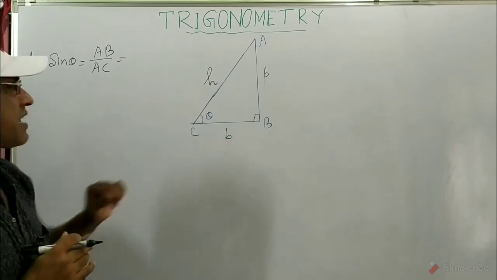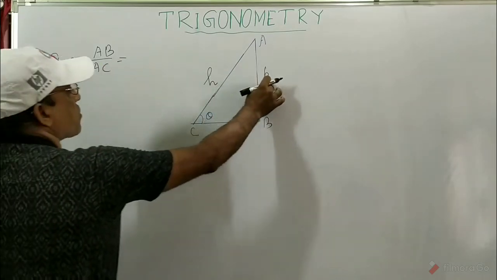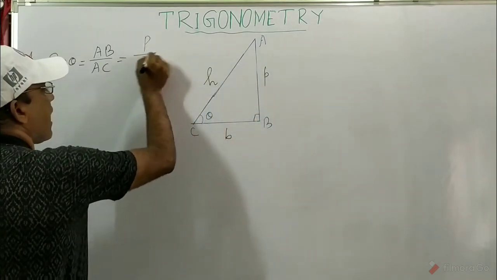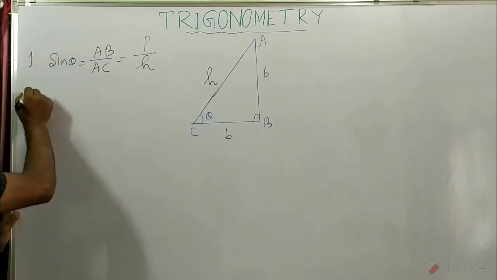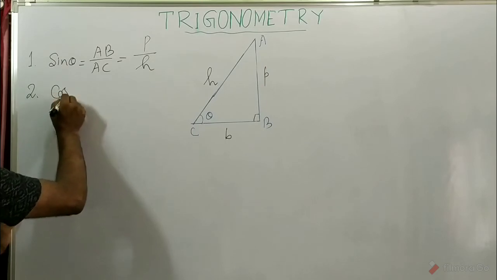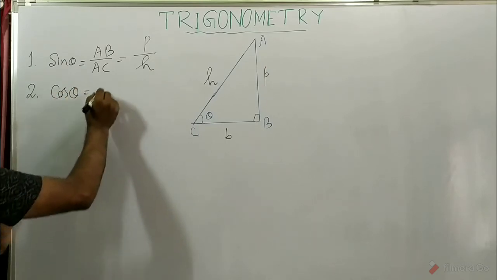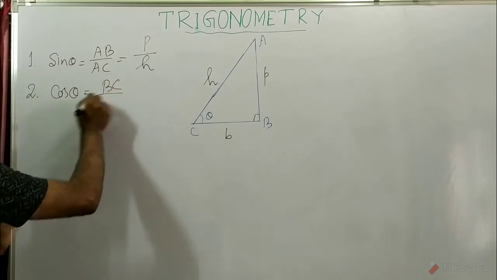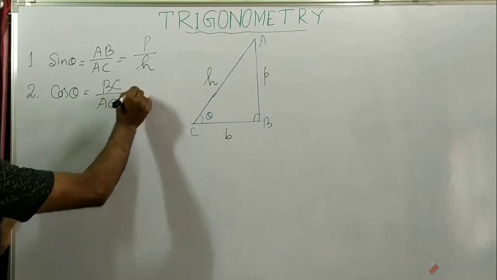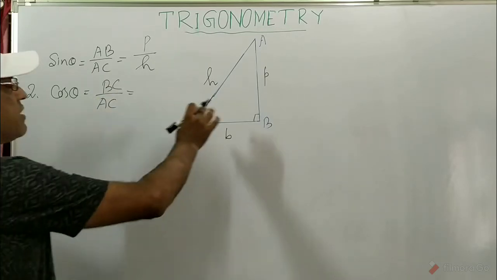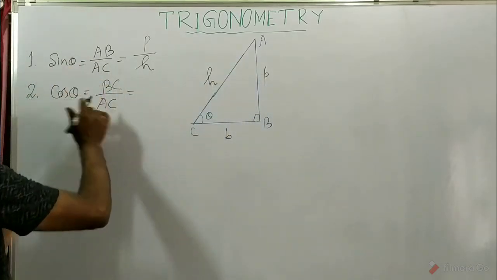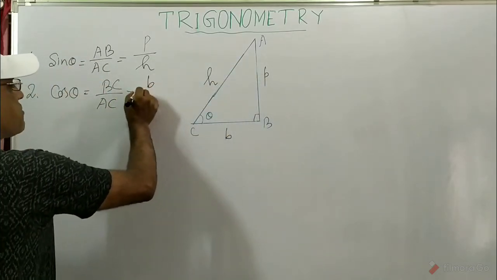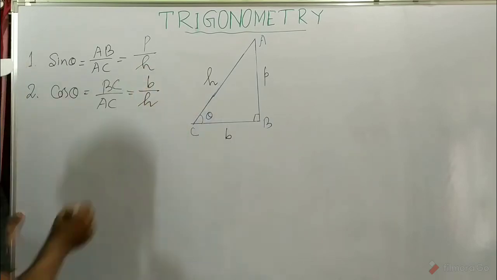This angle is theta, and AB we consider as P, perpendicular, and AC as S, hypotenuse. Number 2, cos theta. Cos theta means BC by AC. This is BC, this is AC, and this represents cos theta, where BC is B, base, and AC is S, hypotenuse.